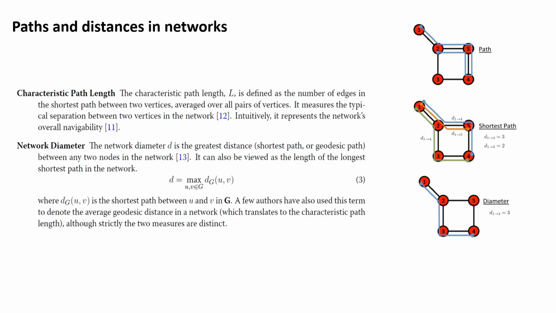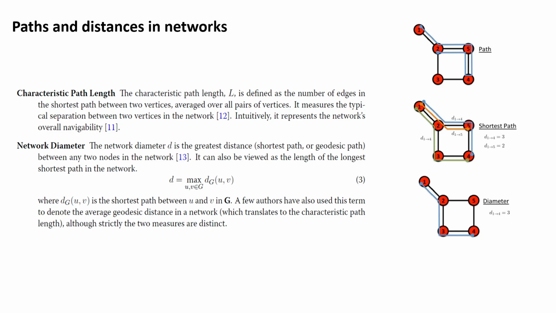The next parameter is the network diameter. The shortest path between two nodes is the minimum number of edges that you have to cross to go from one node to another. The network diameter is the longest of the shortest paths. You have to calculate the shortest path between every pair of nodes in the network, and then the maximum of these shortest paths gives you the network diameter.